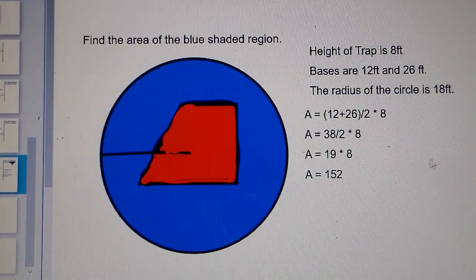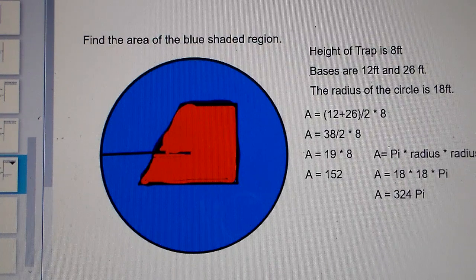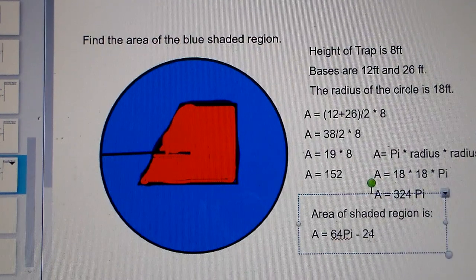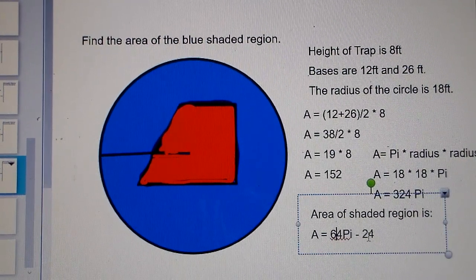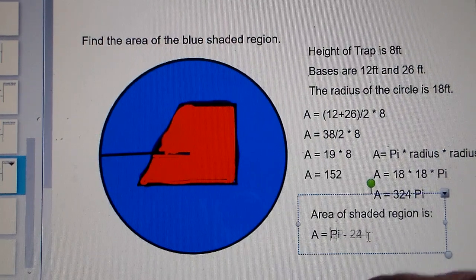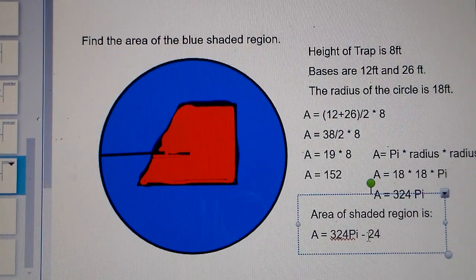Good, so the area of the trapezoid is 152. Area is pi times radius, so 18 times 18 times pi, which is 324. So the area of the shaded region is, well, 18 times 18 gets you 324 minus 152.